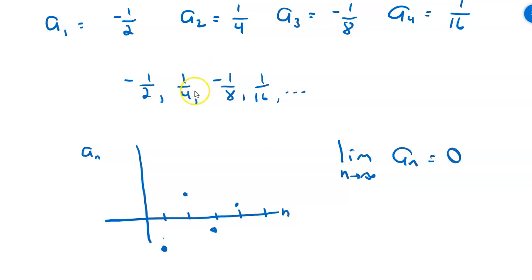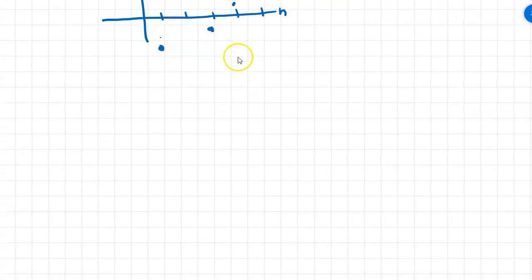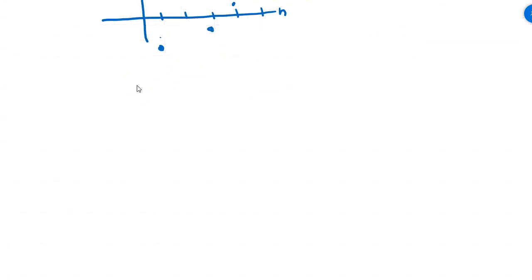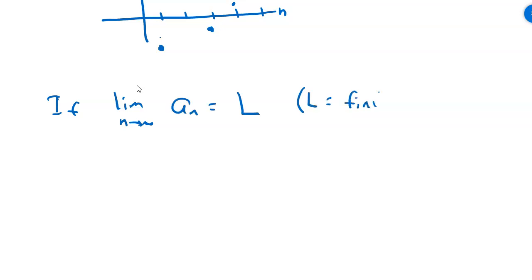In general, we say this. If the limit as n approaches infinity of the a sub n's equals some value that is finite, right? That limit is some finite value. It's not infinity. It's finite. Then the sequence converges.